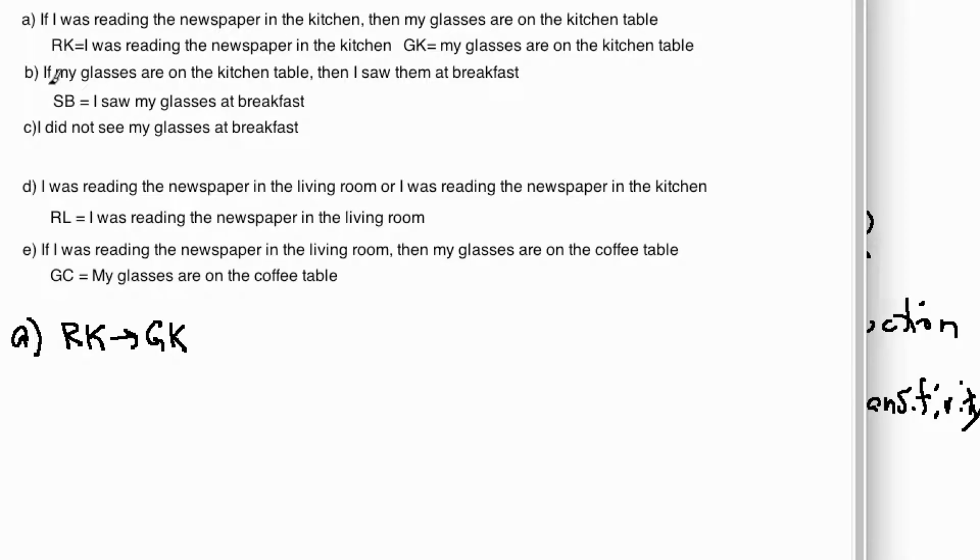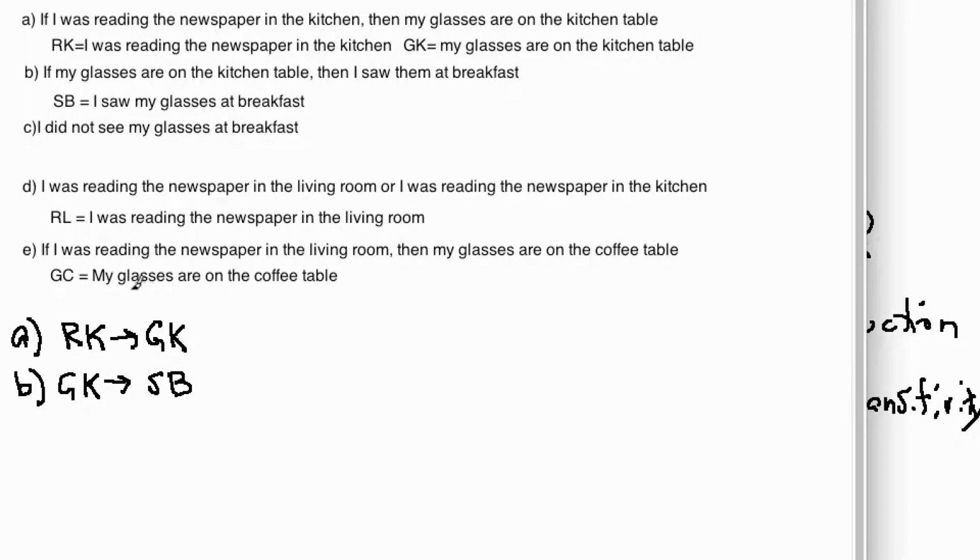Statement B says, if my glasses are on the kitchen table, then I saw them at breakfast. So I'm going to introduce a new symbol here, SB. I saw my glasses at breakfast. So what statement B is telling us, if my glasses are on the kitchen table, GK, then I saw my glasses at breakfast, SB.